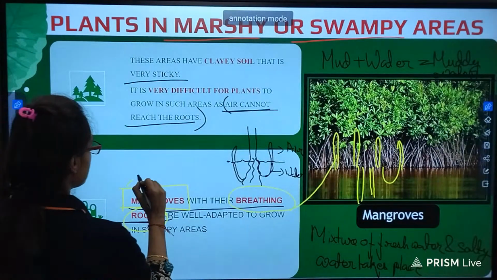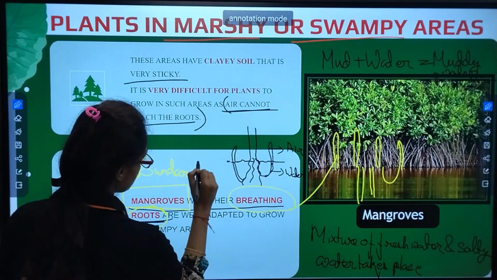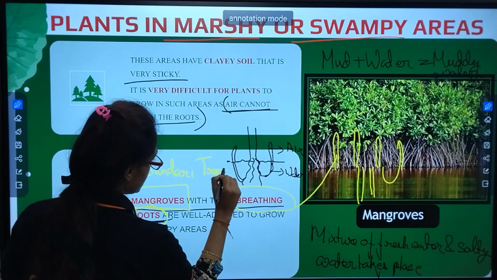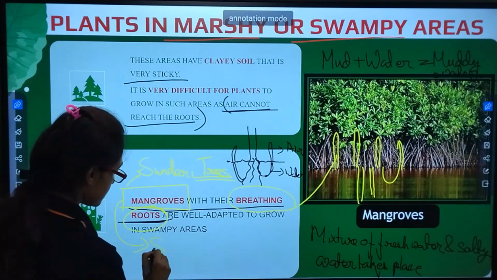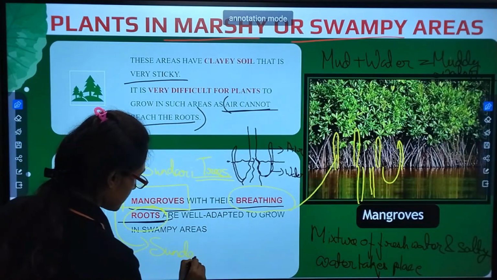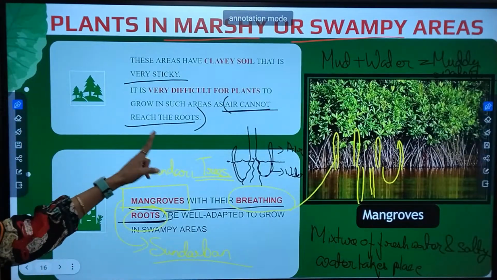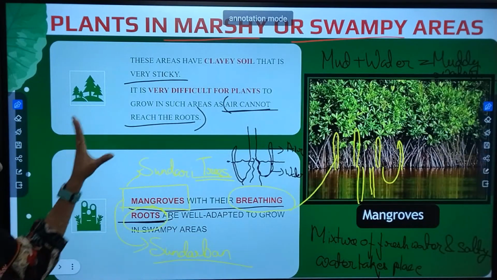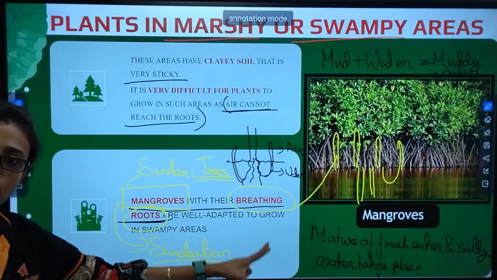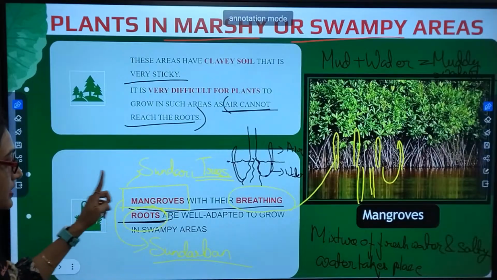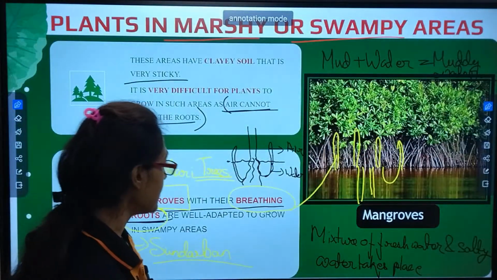An example is the Sundari tree, from the Sundarban, which is the largest mangrove area of the world. From Sundarban, the tree is named the Sundari tree. This type of trees are known as mangrove trees, particularly the Sundari tree, and they are found in Sundarban, which is the largest marshy or swampy area.